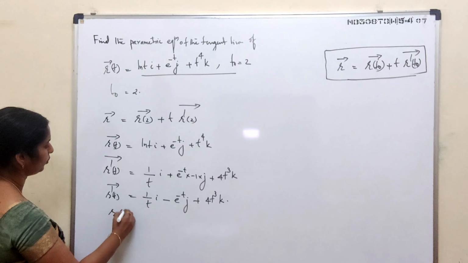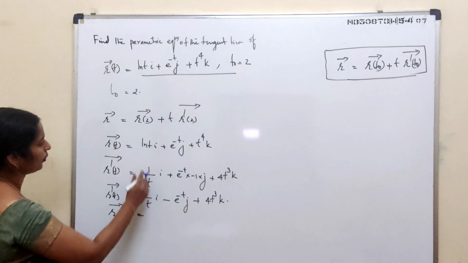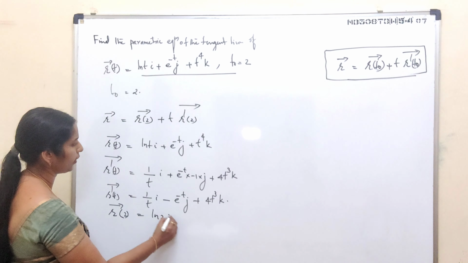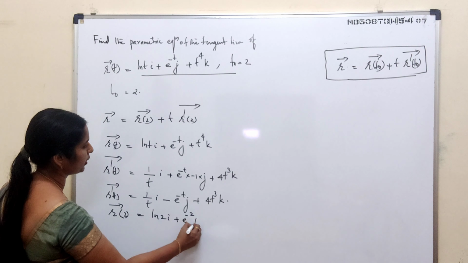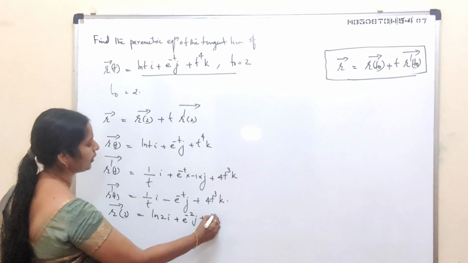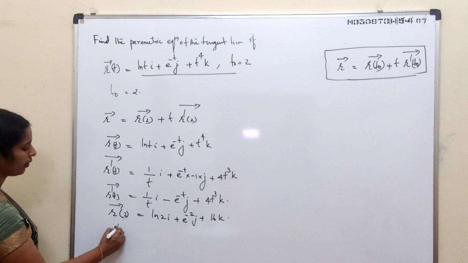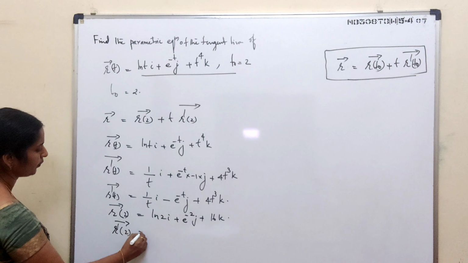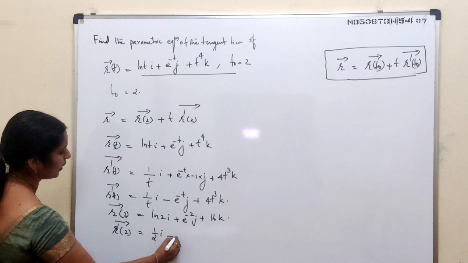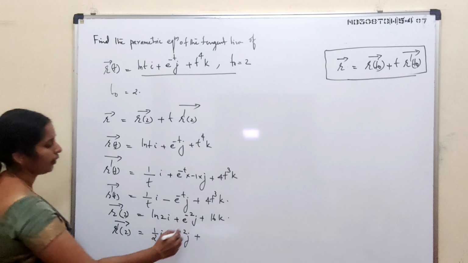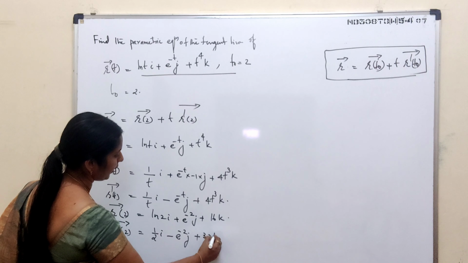Next you find r of 2. You put t equal to 2 here. That is log 2 i plus e raised to minus 2 j plus 2 raised to 4, which is 16, k. Again, r dash of 2 is 1 by 2 i minus e raised to minus 2 j plus 32 k.